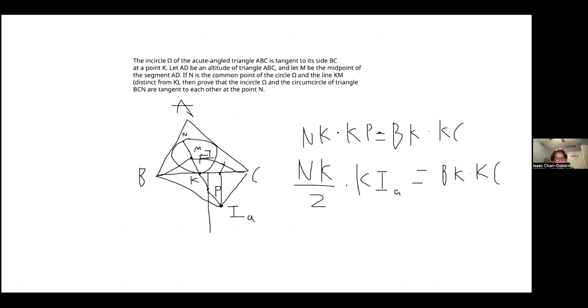However, since IAIA is the diameter of the circle BCIA and IFIA is 90 degrees, we know that F lies on the circle, thus proving that FBIAC is a cyclic quadrilateral, and therefore so is NBPC. Thus, finishing with the shooting lemma, the circumcircle of BCN is tangent to omega at N.